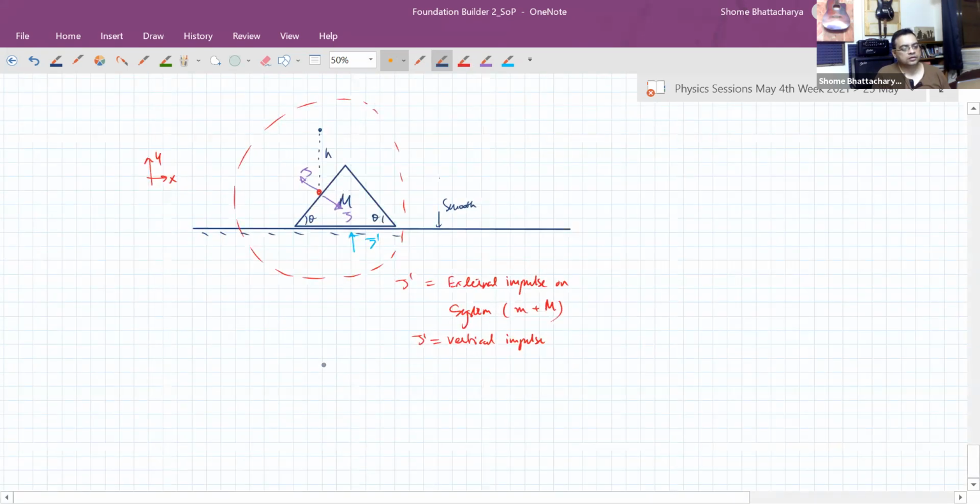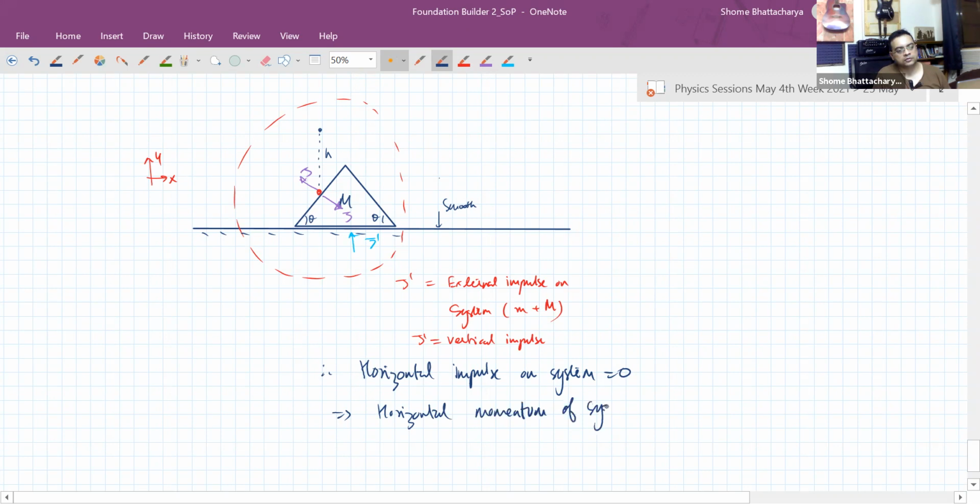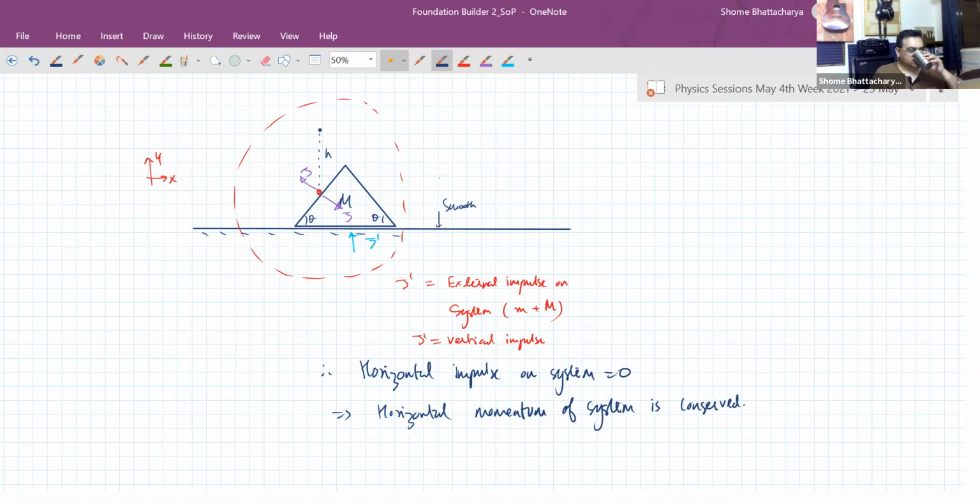The horizontal impulse on the system is 0. Therefore, horizontal momentum of the system is conserved. So this becomes something important.